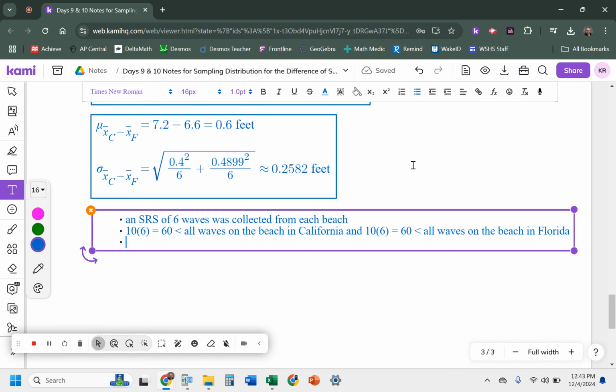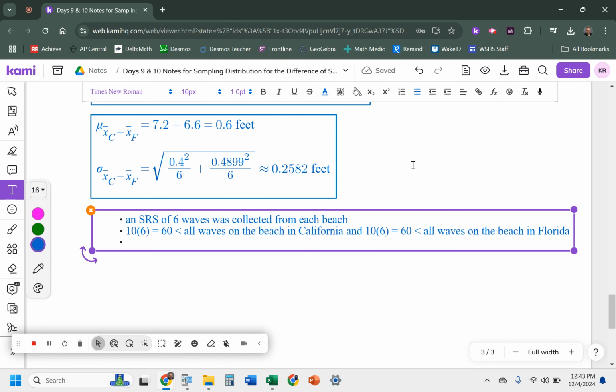And then finally, I want to show that this thing is approximately normal in shape. And that's what's going to allow us to use our normal CDF. So the way I'm going to do that is, if you remember up in the passage, it told me that both populations were approximately normal.